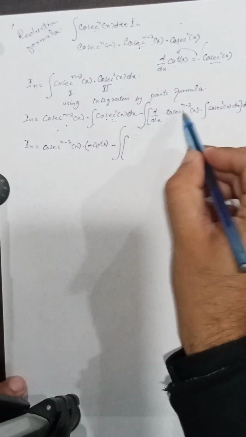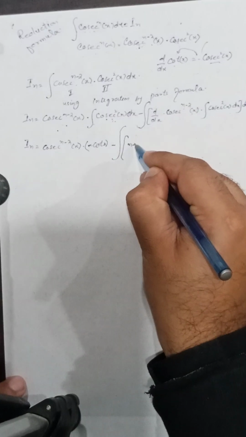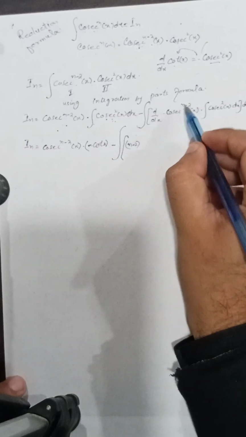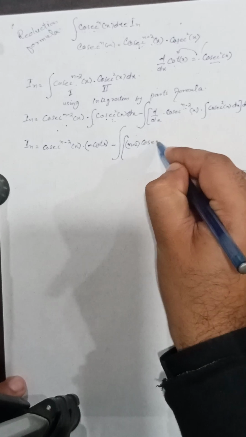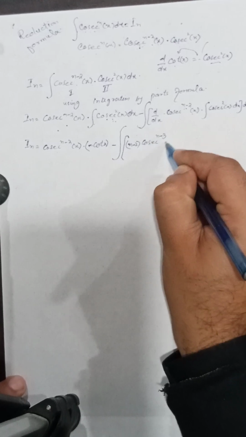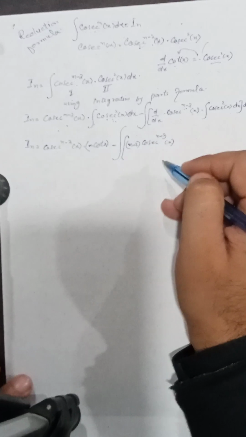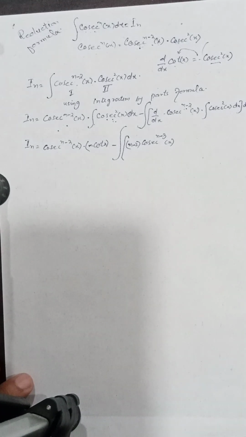So first function, integral of second function, minus the whole integral of the derivative of this function. The derivative of this function: n minus 2 will be decreased by 1, so it will be n minus 3, giving n minus 2 cosecant power n minus 3 of x.